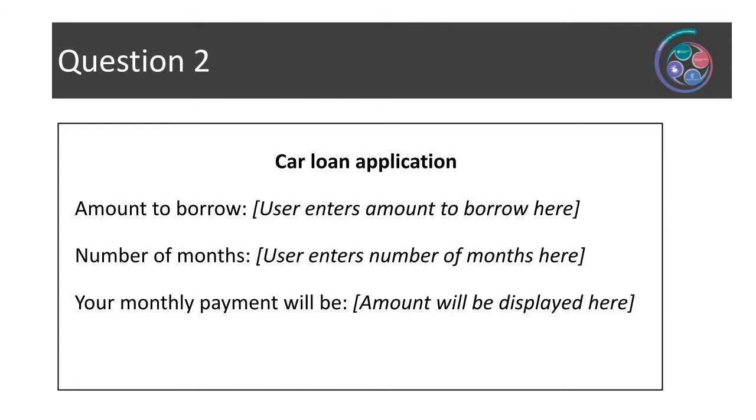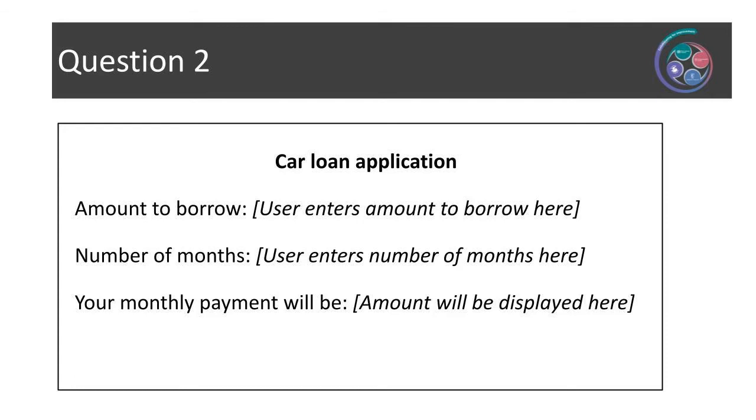Where I pick up my first mark is by clearly identifying the amount the user wishes to borrow and where the user would enter that amount. So I've written amount to borrow, and then I've given some further details saying user enters amount to borrow here. You might wish to draw a box to represent that as an input, but how you design it is entirely up to you as long as it's clear for the examiner.